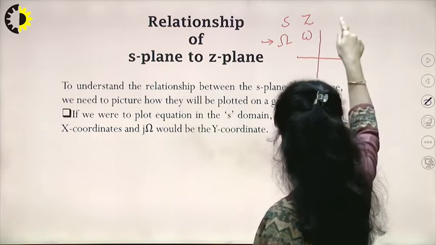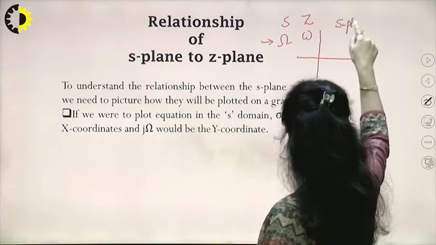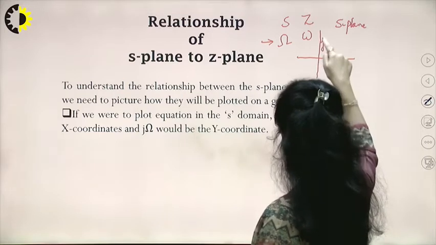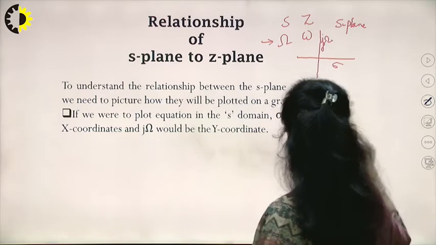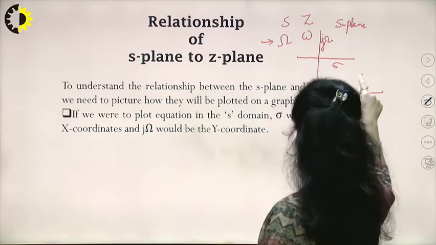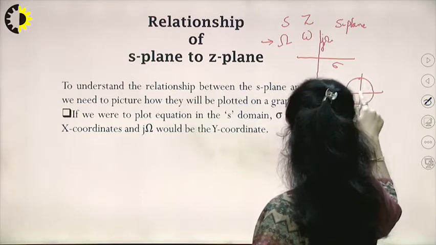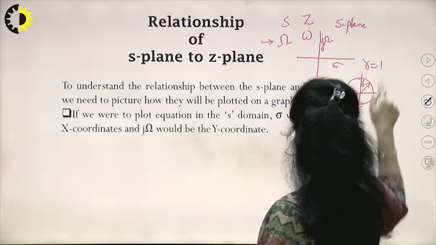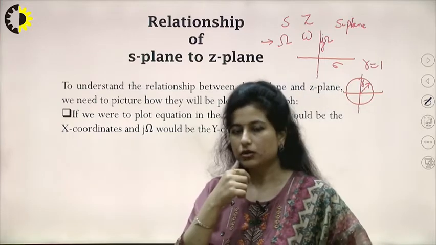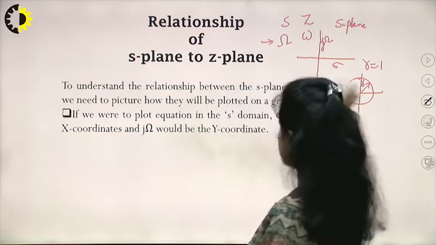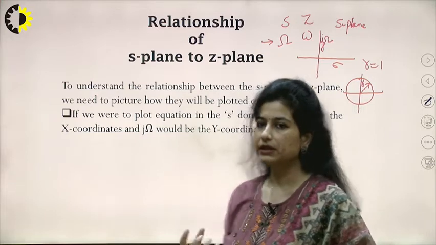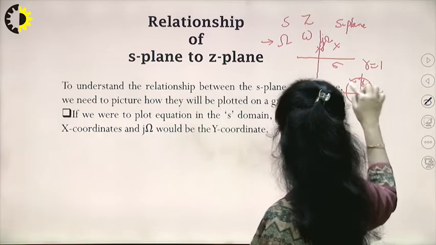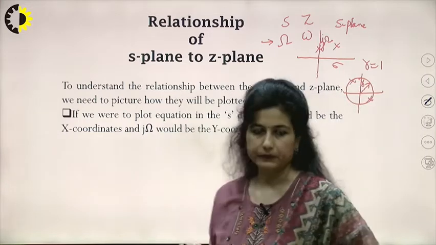If I talk about this s plane, this is my sigma and this is my j omega, the x axis, and similarly if I talk about my z plane, I represent it with a circle having a radius r, and whenever we put radius r equal to 1, we call it a unit circle. So I need to map these two planes to each other, that is, how the representation of the poles in the s plane would be mapped into the z plane.